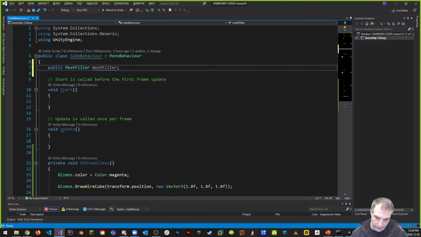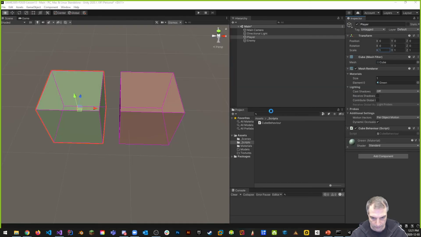Whenever we make a public property in Unity inside of a script that's attached to an object, if I go back to the editor, you're going to see, if there's no errors, that the mesh filter is going to be attached here. There's two ways to get a reference to the mesh filter. One is to go here and drag and drop. Two, we can detect it automatically.